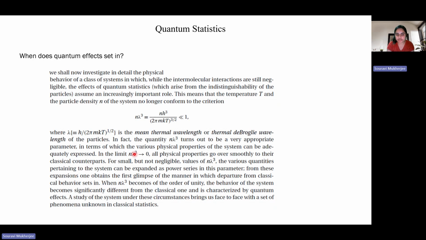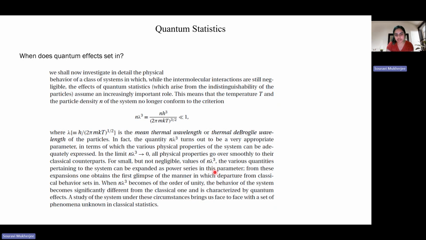Suppose for a given system, you know the typical temperature you are working with, and you can find the mean thermal wavelength and the number density, so you can find this term. And if you see that it is a very small value, tending towards 0, then typically you are in the classical regime.